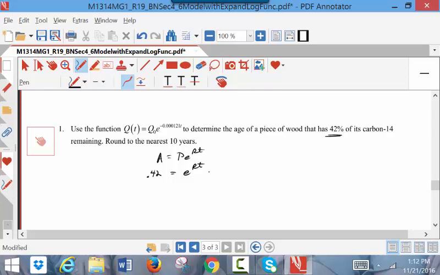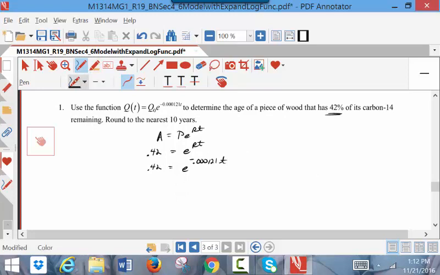Now, the R is that number they just gave us that they found in that example that I pulled straight from the book, which is that negative value. Wow, bless you. So this is that negative point, I think there were 3 zeros. Yeah, 0.000121. There it is. Okay, so we know the process. We've been doing it so many times now.